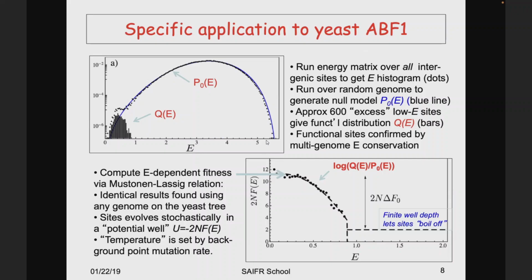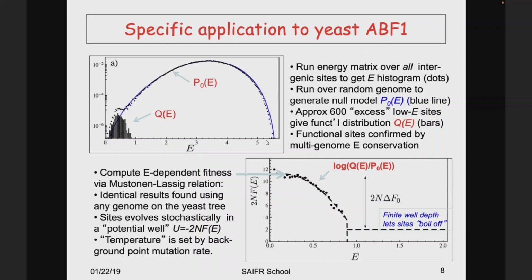So what you're actually able to infer from all of this are numbers not for the fitness in an absolute sense, but the product of population size times fitness. The fitness of an individual organism is some number, and then there's population size, and what enters into this Kimura-Ota story is population size times fitness.